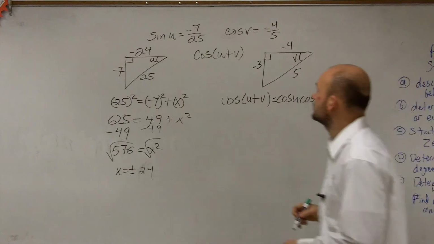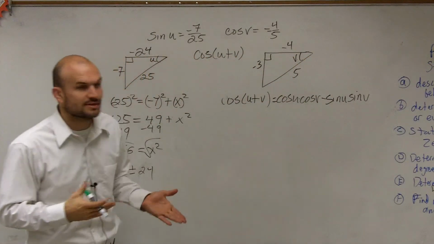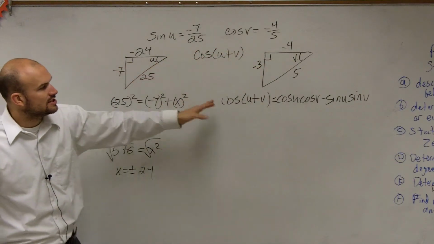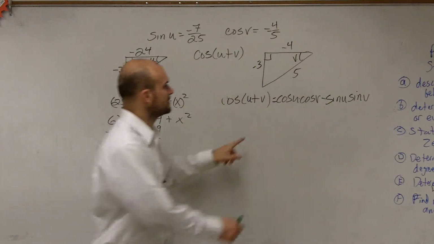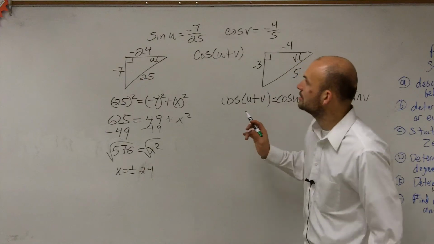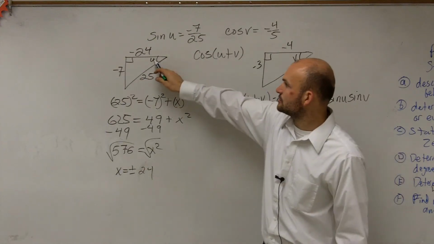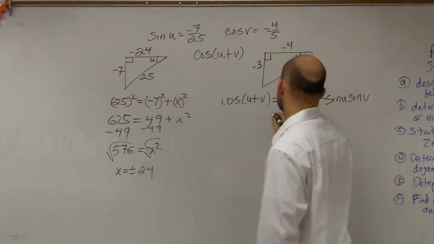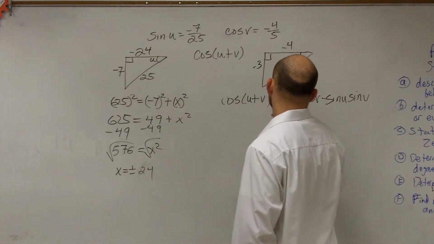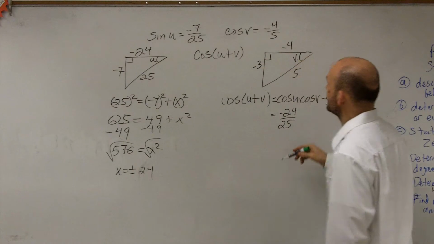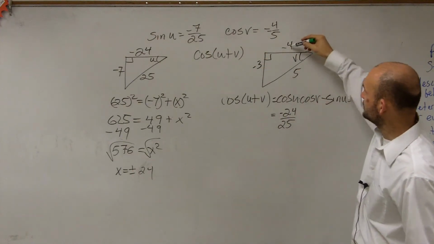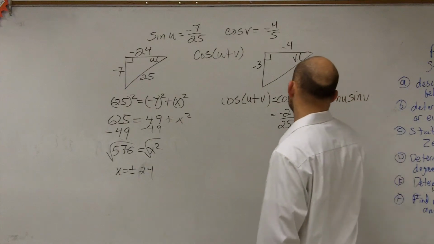So now we've evaluated both of our triangles, and we're just going to plug in the value for each one. The cosine of u is going to be -24 over 25. The cosine of v, so here's angle v, is going to be -4 over 5.